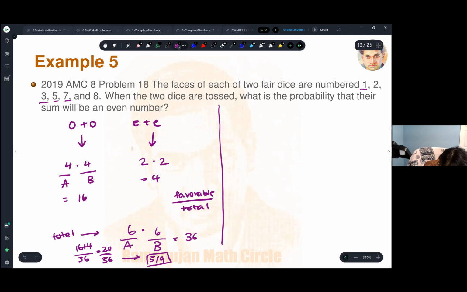So in the complementary way, we want to figure out the probability of having a sum of odd number, like an odd sum, and then subtract that from 1. So the ways you can go about it is odd plus even, or sorry, even plus odd, and odd plus even. Here order matters, remember, because since you're trying to count for each case, the order of a dice happening will matter.